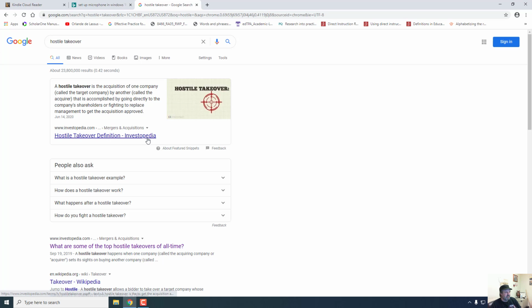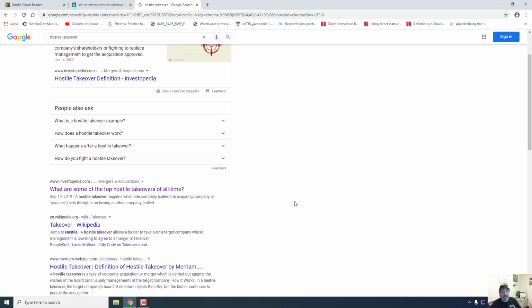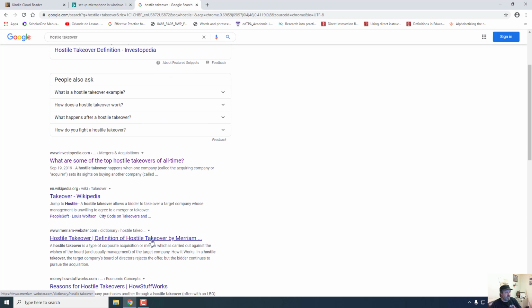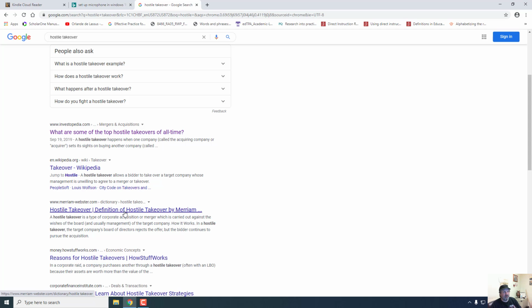But scratch that for a second. Wikipedia is fine for building background knowledge. It's actually very accurate. It's not fine to cite in research papers, but it is fine when you want to learn about something. But this looks like a good source. There are others. There's even a Merriam-Webster definition down here.